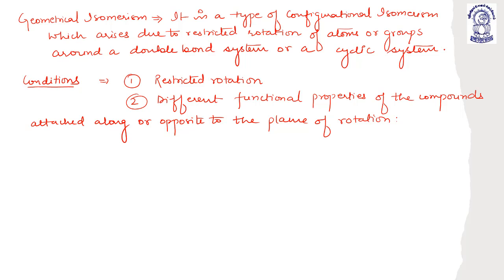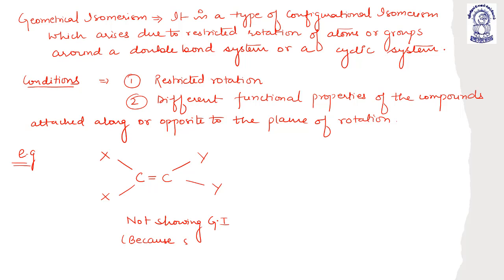Now, for example, a carbon-carbon double bond with the same group X and Y present on each carbon atom does not show geometrical isomers.